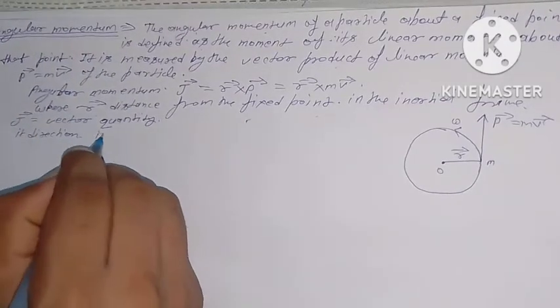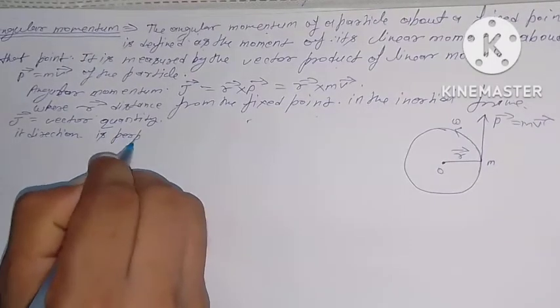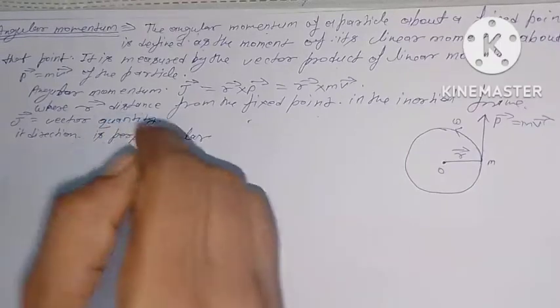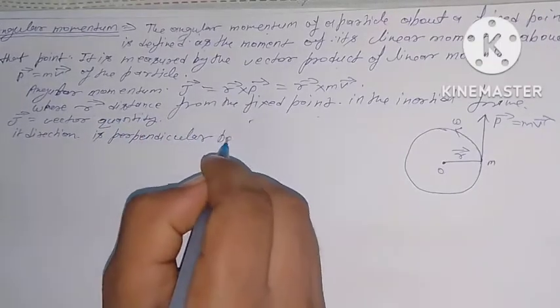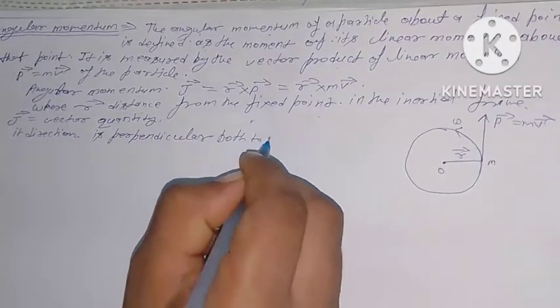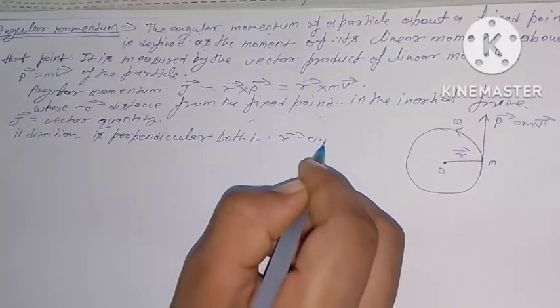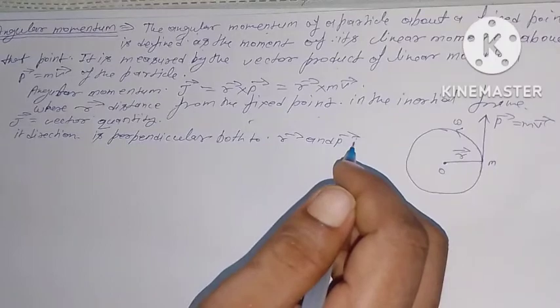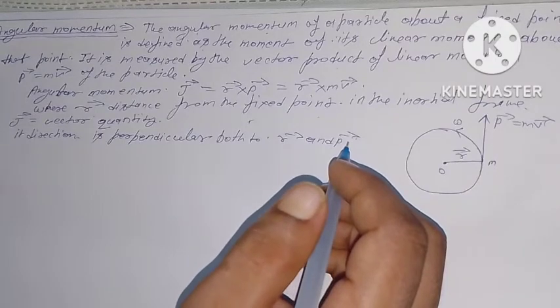Its direction is perpendicular both to vector R and vector P, as given by the right hand screw rule.